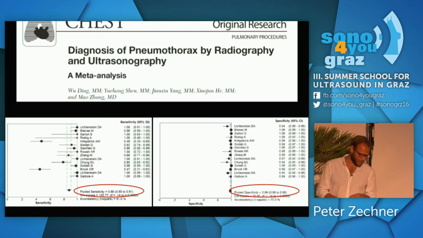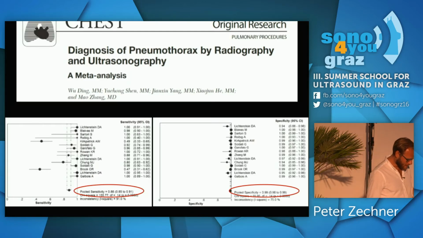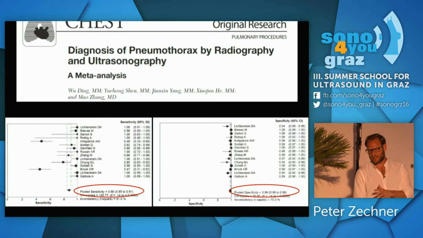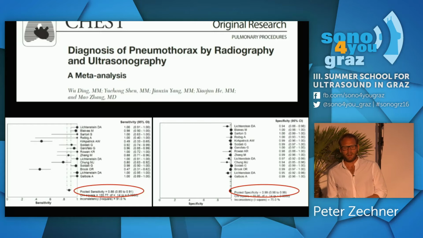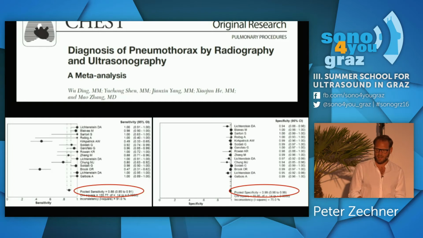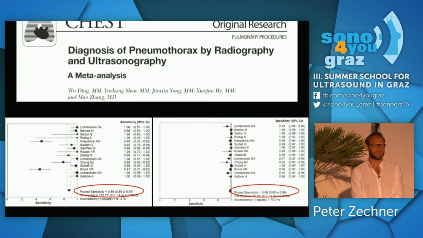First of all, I want to give you some details about the detection of pneumothorax by ultrasound. Meanwhile, a lot of studies, maybe hundreds, have been conducted that evaluated the diagnostic accuracy of ultrasound and radiography, chest X-ray, and we saw that ultrasound is way better than X-ray in a supine position.